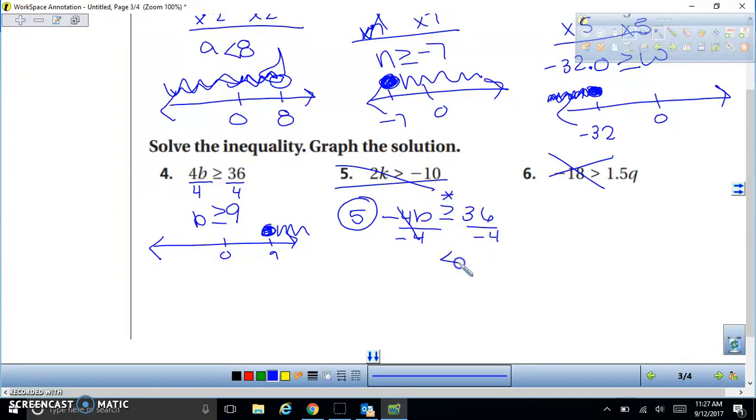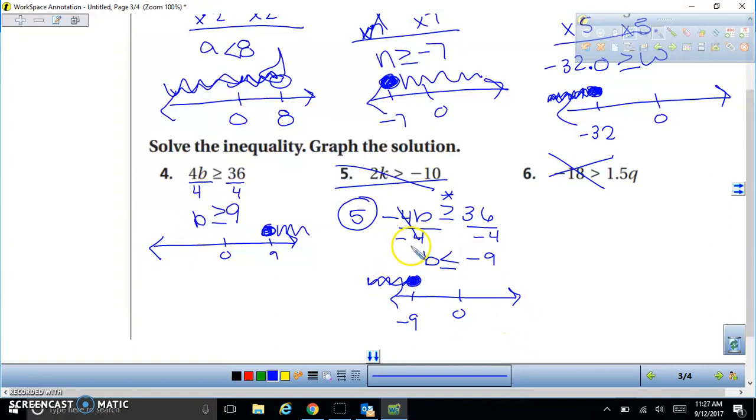We would say, now b is less than or equal to negative 9, which means our shading on our number line would be different. We're looking at a negative 9 instead of a positive 9, still filled in, b is less than, and now we're shading the opposite direction.